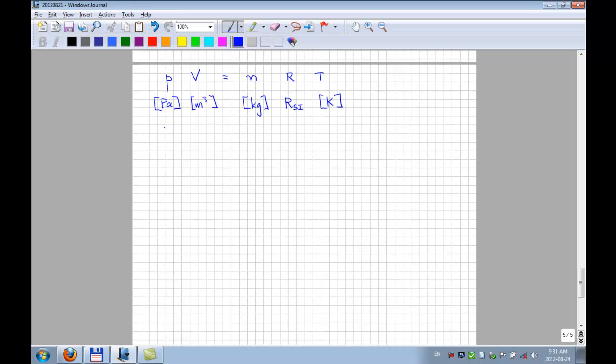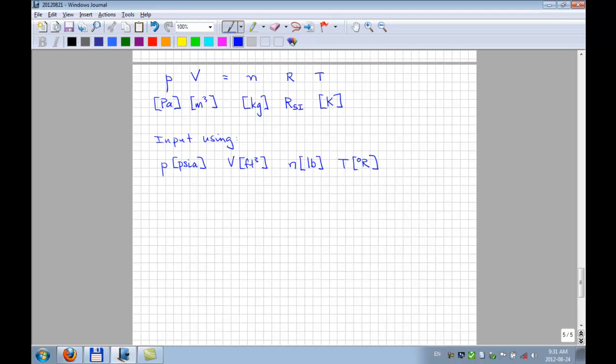Now what we want to do is input into the ideal gas equation using a different set of units: pressure in PSIA, differentiating between gauge and absolute. We always use absolute. Volume in cubic feet. Mass unit for the mole is pound mass. And temperature in absolute degrees Rankine.